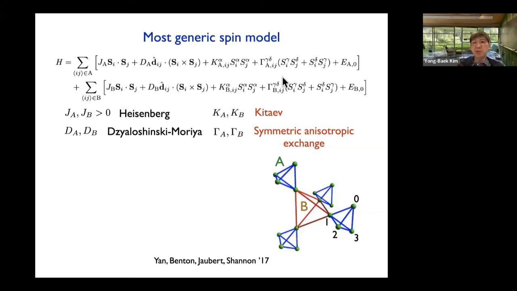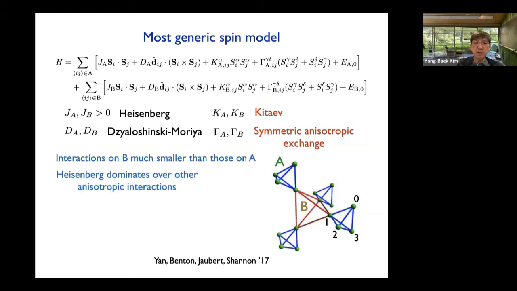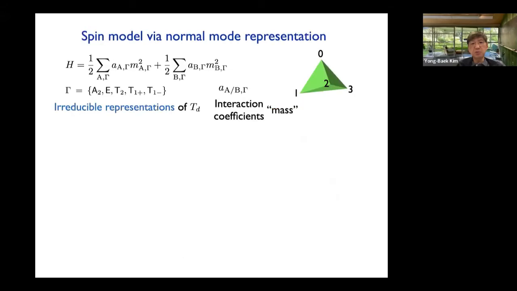It has been very popular, but these terms also exist on the pyrochlore lattice. Now I'm going to assume the interactions on the B tetrahedron are much smaller than those on the A tetrahedron. I'm also going to assume that the Heisenberg interaction dominates over other anisotropic interactions. These are very reasonable assumptions.